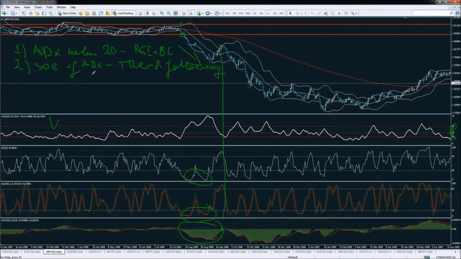All right, we're using trend following when the market breaks above the level of 30. An early indication that the market is going to start trending is when we see the level of 20 broken from the downside to the upside.